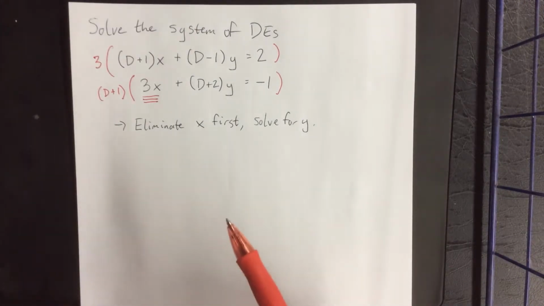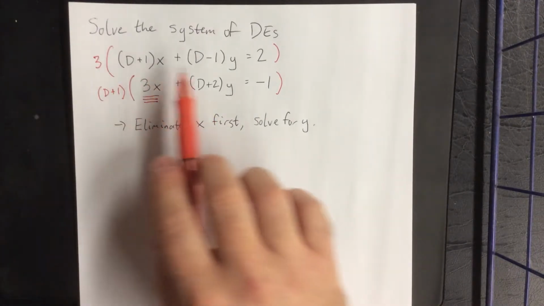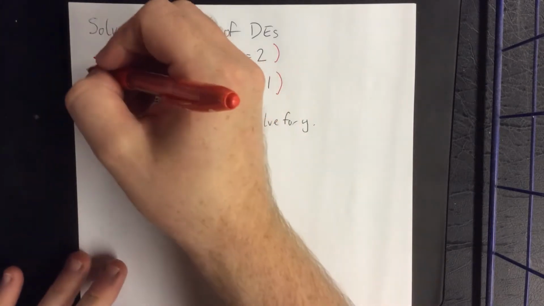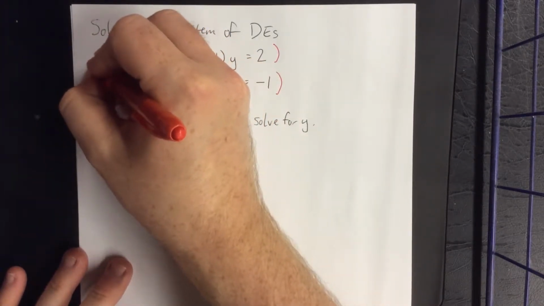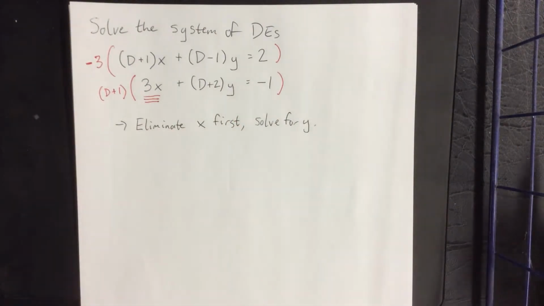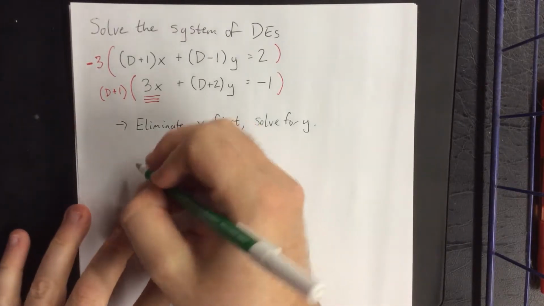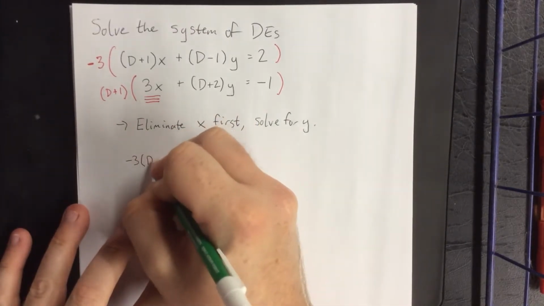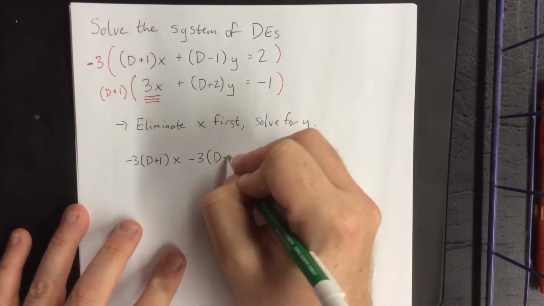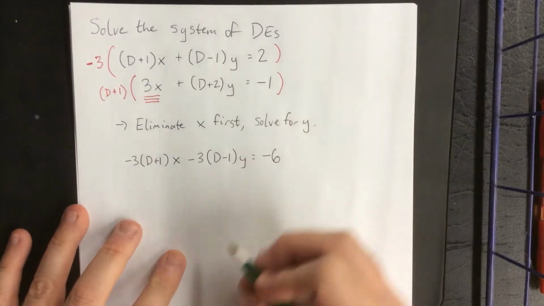Now, by my calculation, that's going to give us a d squared in the second one, and some sort of 3d in the first one, as far as the new coefficient for y is concerned. Because I want to make sure that the coefficient of y stays positive, I'm going to multiply the first equation by negative 3. So what we will wind up with is negative 3 times d plus 1 x minus 3 times d minus 1 y is equal to negative 3 times 2.